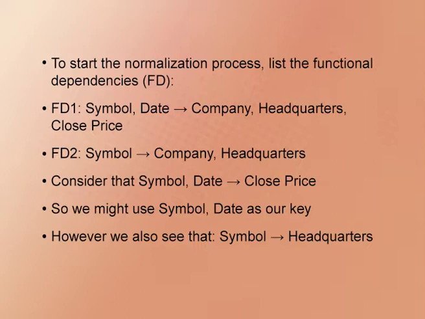In order to start the normalization process, we have to have the functional dependencies in place. Here the first functional dependency says that symbol and date functionally determine the company, headquarters and the close price. And then there is another functional dependency, called symbol.